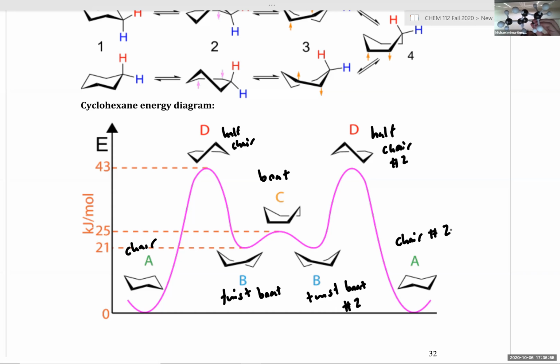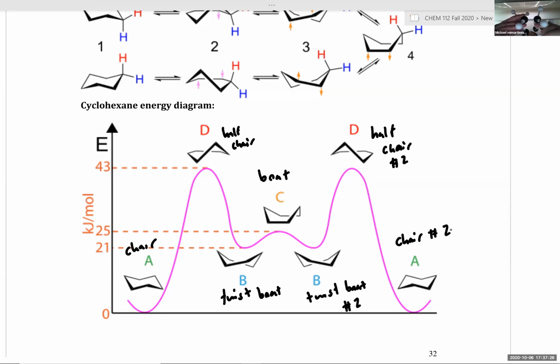To showcase this in one fluid motion, we bring our carbon number 4 up into the plane of the page. Next, we continue to bring carbon number 4 up, and now above the plane of the page. We adopt our boat conformation, then our second twist boat.